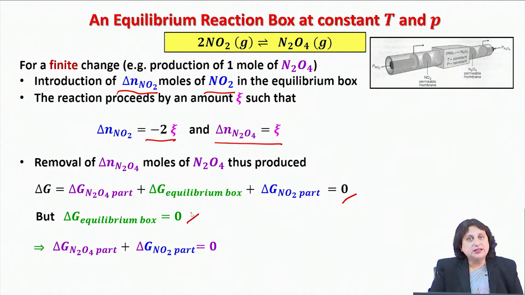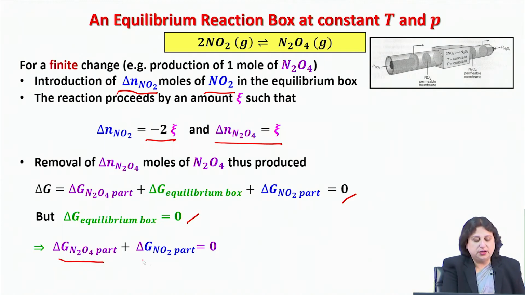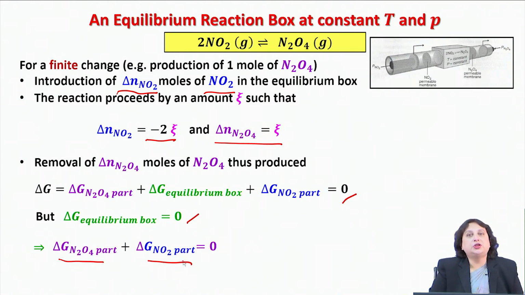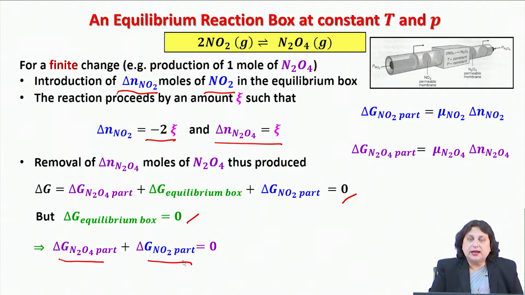And therefore, just as before, I understand that the changes in Gibbs free energy at a given temperature and pressure coming from the two additional parts on the two sides of the reaction box must add up to 0.